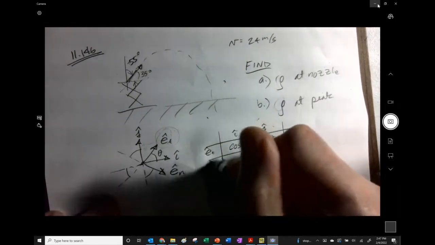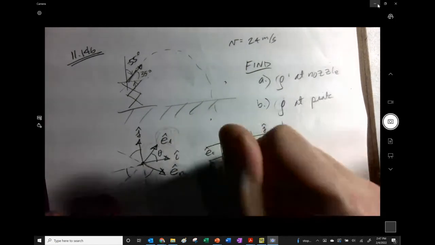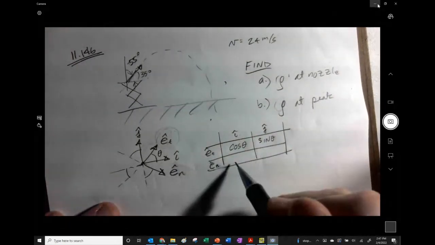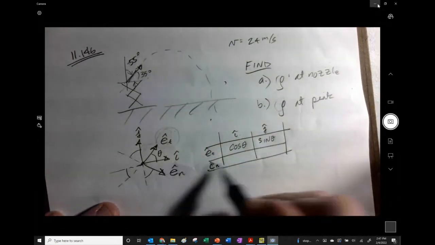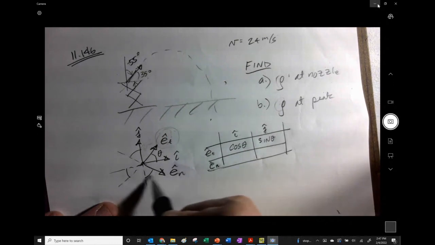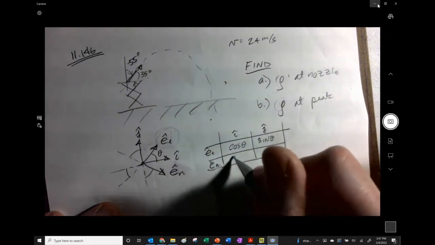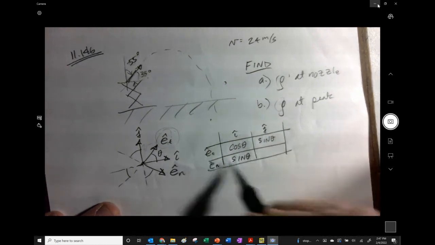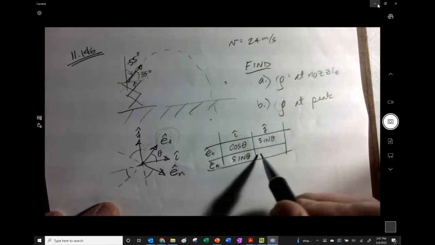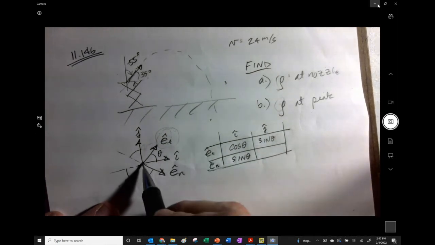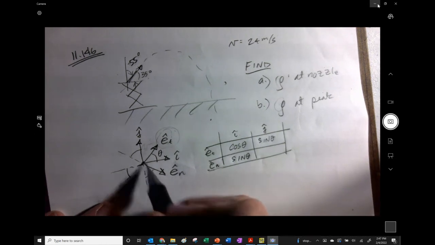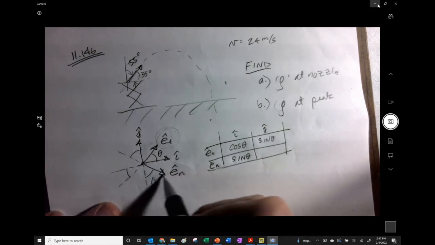I wrote down theta, and that's supposed to be an N. And he's also going to be positive, but he's the opposite from the angle. So he's a sine. And then you just know by your pattern that that was going to be a negative cosine, but we could also confirm that here is the angle of theta, and it's cosine. Yep, and it's definitely in the negative J direction, that EN.